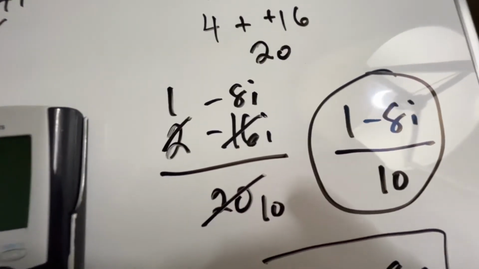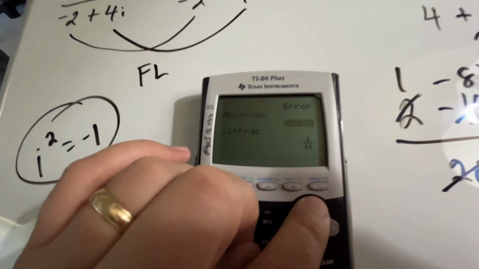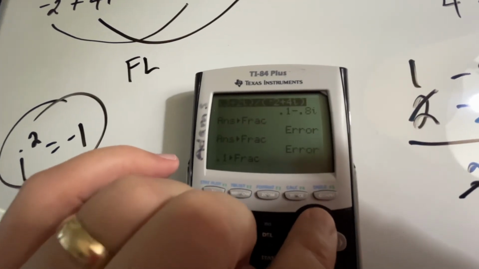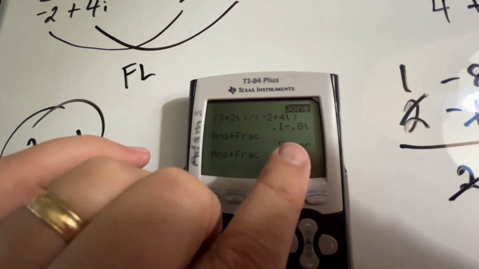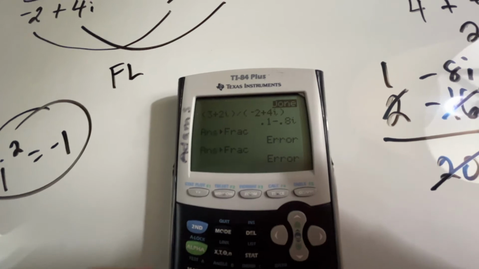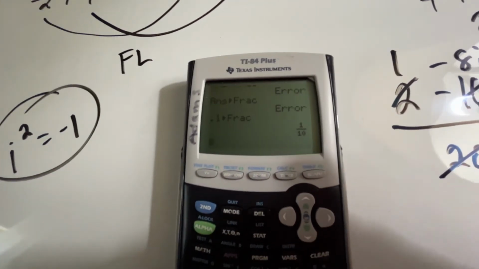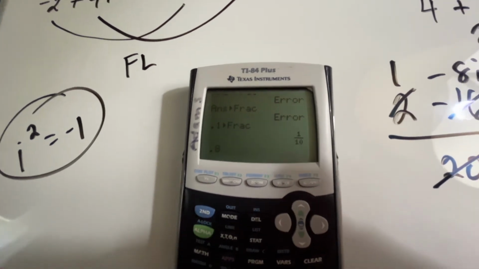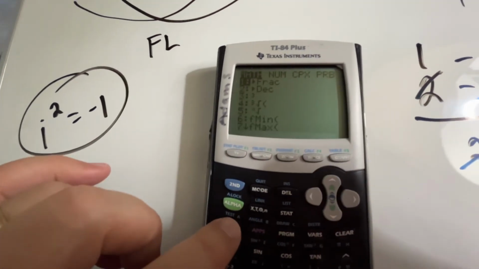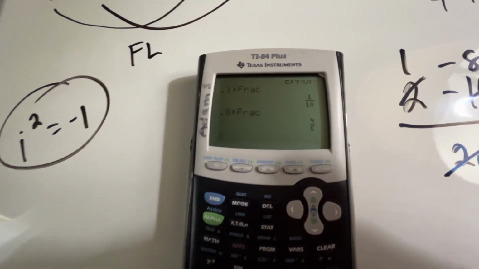And then I'm going to take the answer that I got up here. I'm scrolling up there so you can see it. The negative 0.8. So I'm going to take 0.8, and I'm going to hit math, and with it on fraction, hit enter, and let that convert.